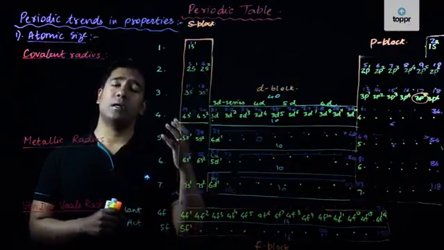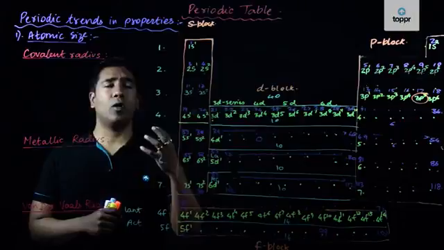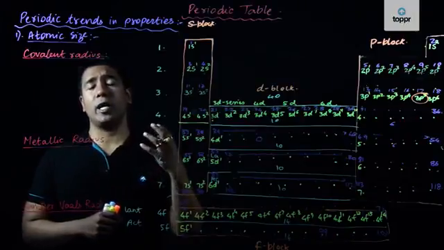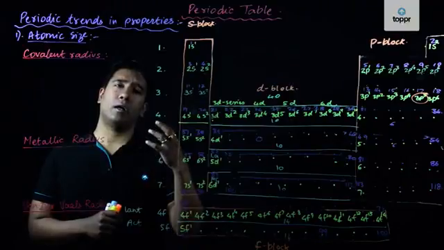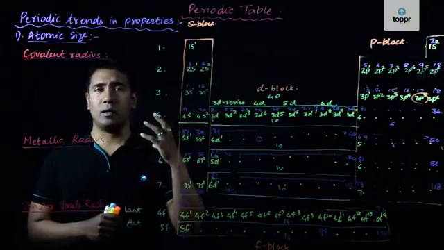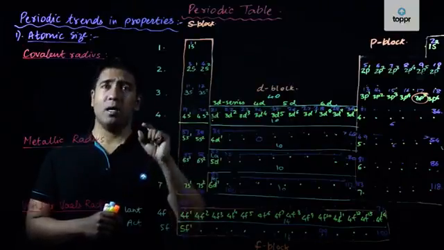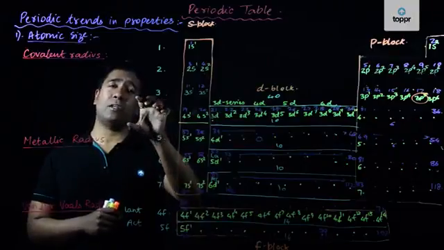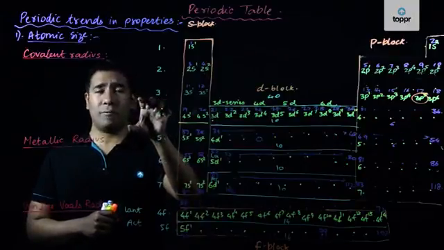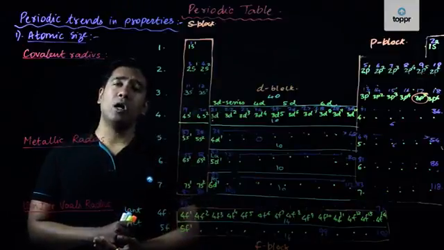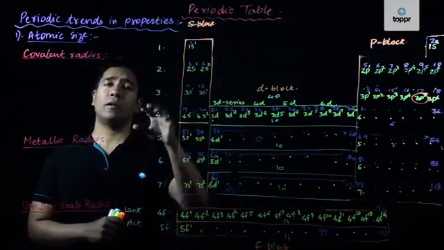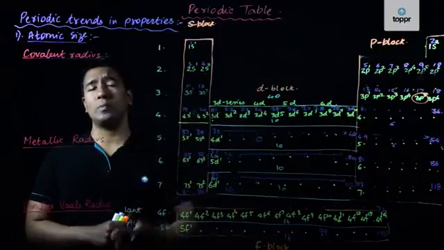However, there is a concept called the electron cloud concept, which means that each electron is not present at a fixed distance, a fixed radius, from the center of the atom. Because that electron is free to move, it is moving at the speed of light.